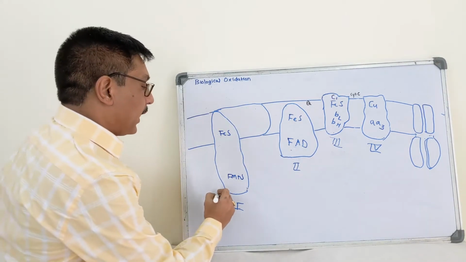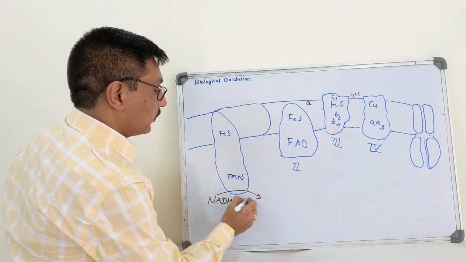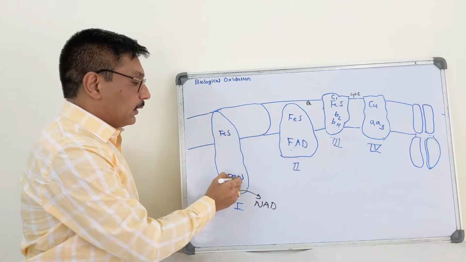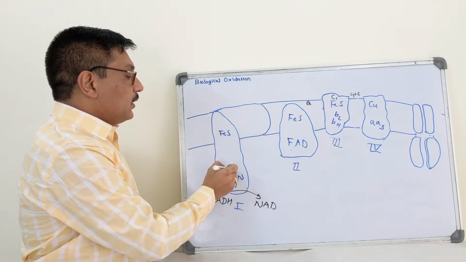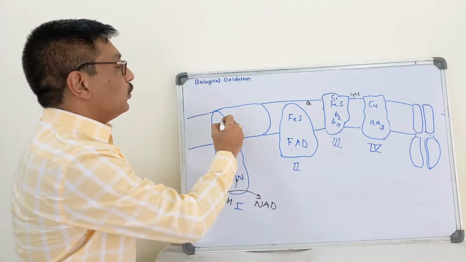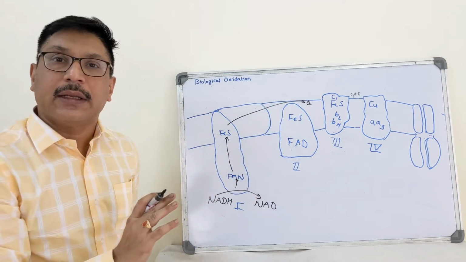Electrons are transferred from NADH to FMN, then through various iron sulfur centers to coenzyme Q in complex 1.